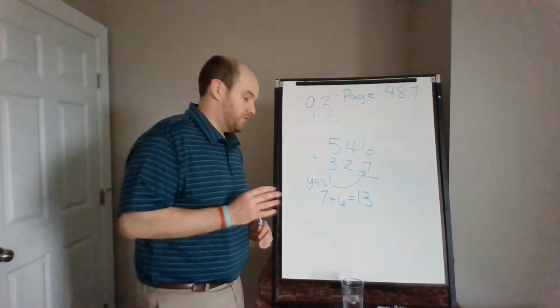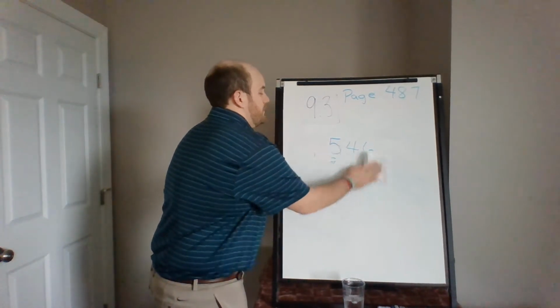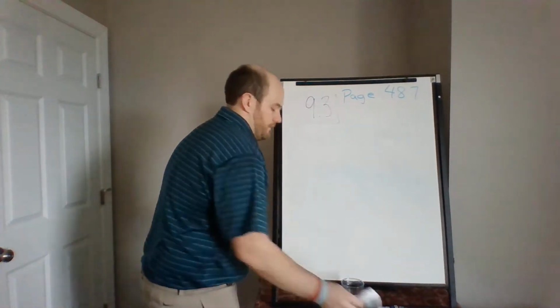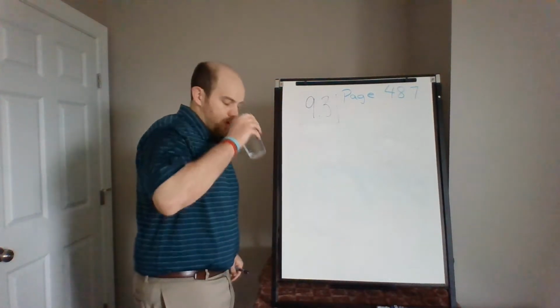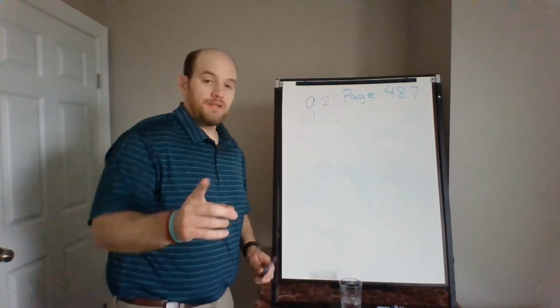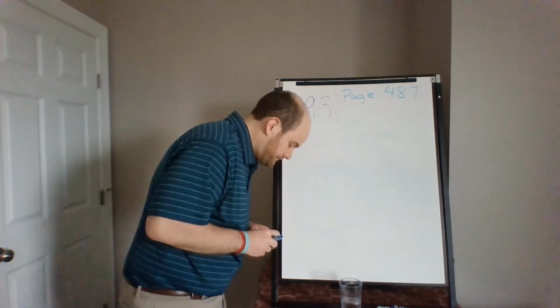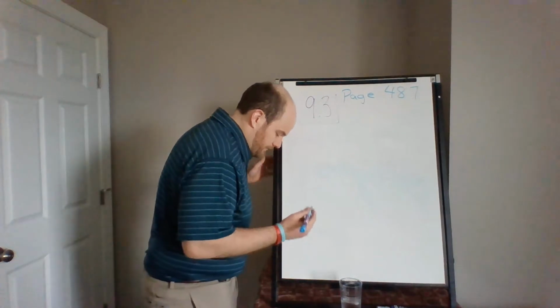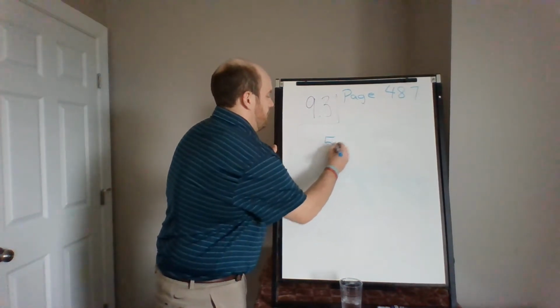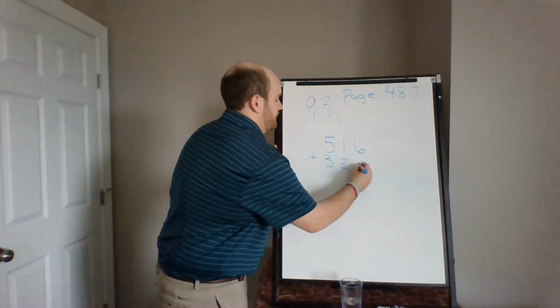All right, just like we were doing before, we're not going to estimate, we're just going to buckle down and we're going to do the work. All right, so now's a good way to figure out if we do know how. Okay, number 3. It says 516 plus 325.